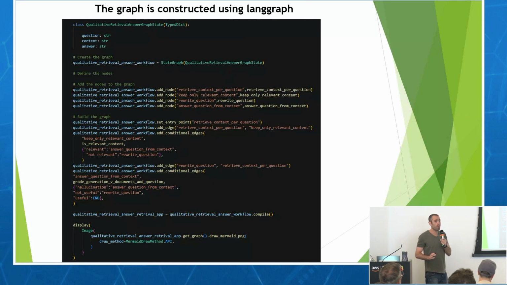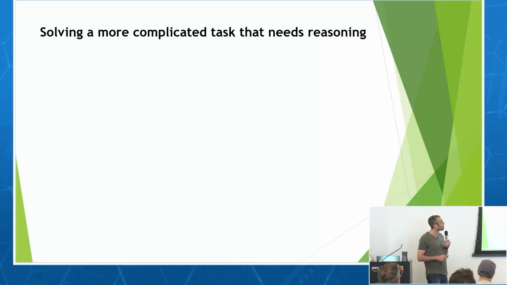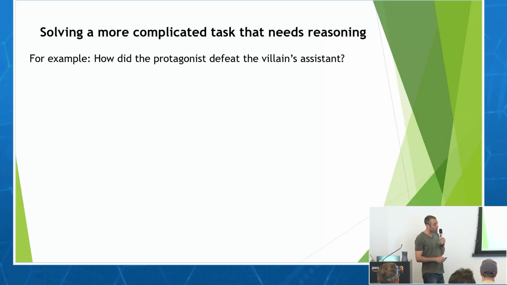And so we could have been finishing this lecture at this point, but we still want to be able to solve more complex questions. So, for example, how did the protagonist defeat the villain's assistant? We have no idea which book it is. We don't have any information about it.